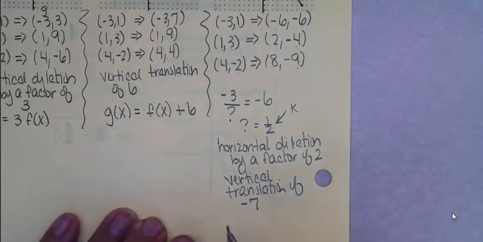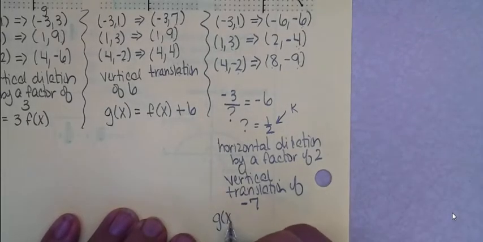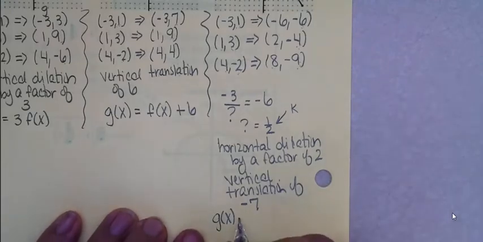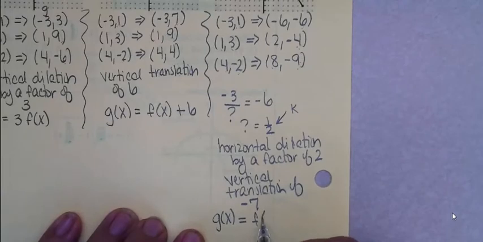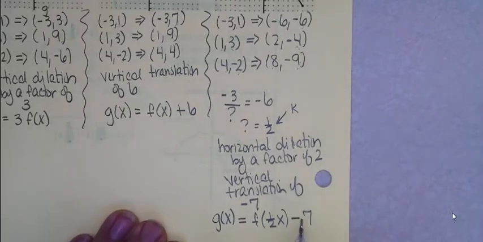Okay, so my overall new image, g of x, I took f of x. Now inside, I have that k that's going to be multiplied by x. And then I subtracted 7 from that. And if you wanted to put plus 7 over here with g of x, you could do that too.